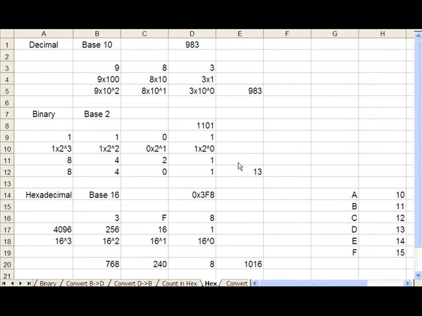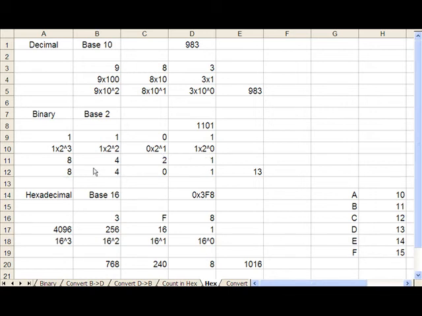In binary, which is base 2, we had an example number 1101. We looked at what that meant. The first one, the most significant one, is 1 times 2 to the power of 3. 2 cubed is 8. So 1 group of 8, 1 group of 4, 1 group of 2, 0 groups of 2, and 1 group of 1.